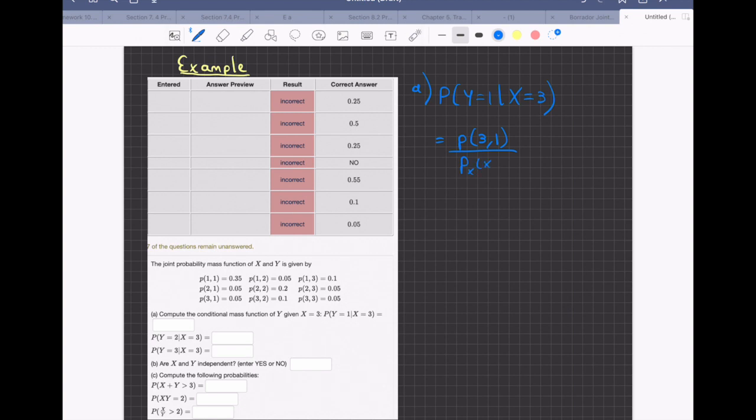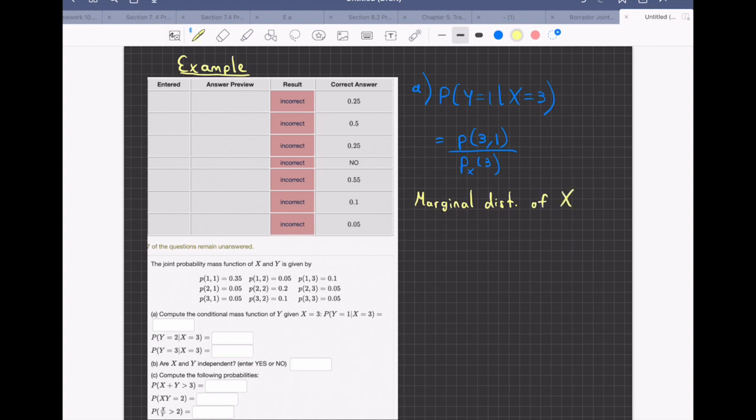But I don't have it yet. Marginal distribution at 3. But no problem, we can get the marginal distribution of x.